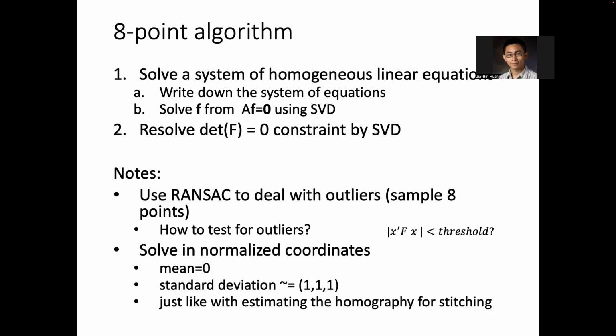Basically, you start with a list of correspondences. Some of them are correct, some of them are not. So you randomly sample 8 pairs and use them to solve for the fundamental matrix, and then use the fundamental matrix to check all the other pairs to see how many of them agree with my fundamental matrix estimate. That's one run, and you repeat this for many rounds, maybe 500 trials, and you pick the one trial that has the most inliers.